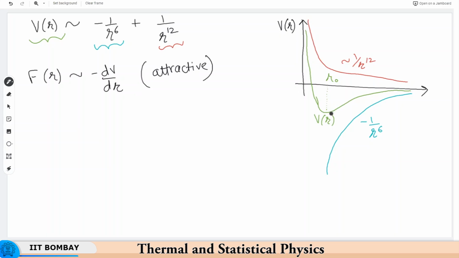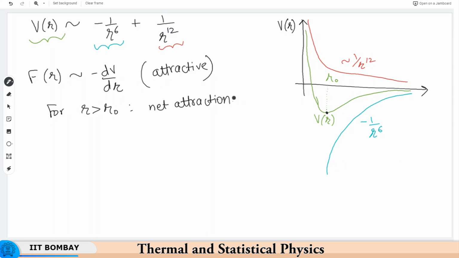So for r greater than r0, there is net attraction. Because of this dipole formation, these molecules can undergo net attractive forces. This is basically the origin of this attractive interaction between molecules, which we had been ignoring so far, and now we will start considering this for a real gas.